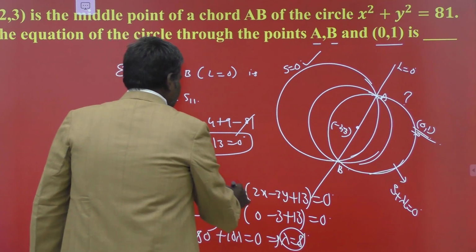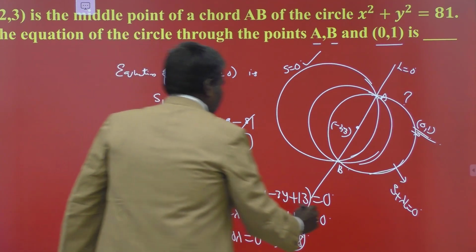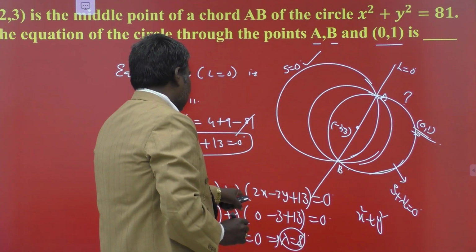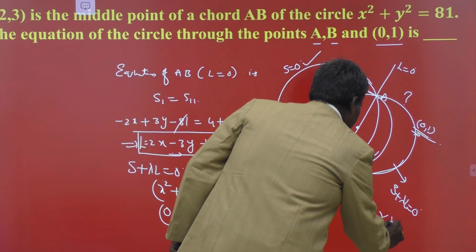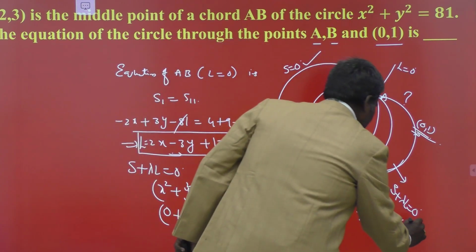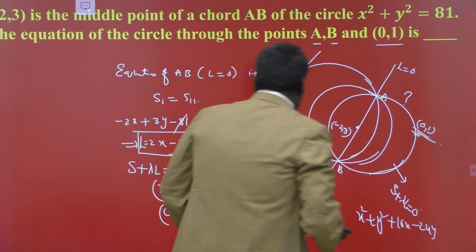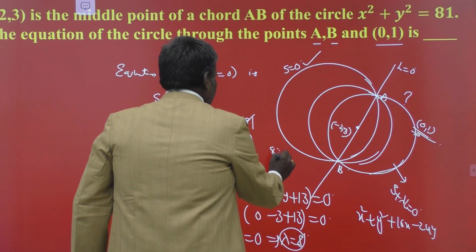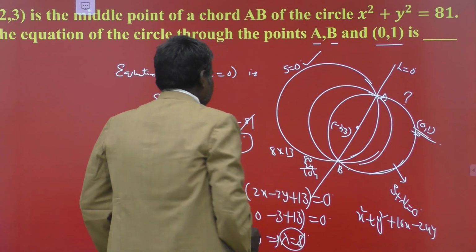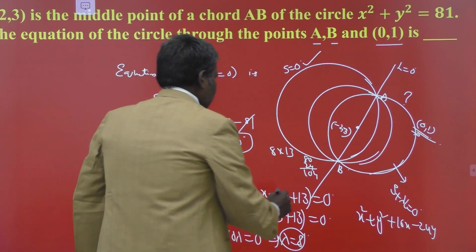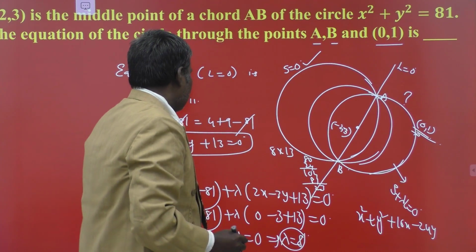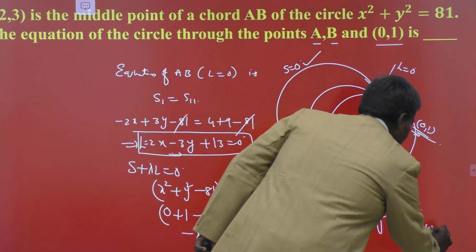Substitute lambda equal to 8, and we obtain the answer. What is the answer now? x square plus y square, we are writing 8 here, 8 2s are 16x, again 8 3s minus 24y, and 8 into 13, that is 104. Minus 81 is also there, so plus 23 equal to 0.